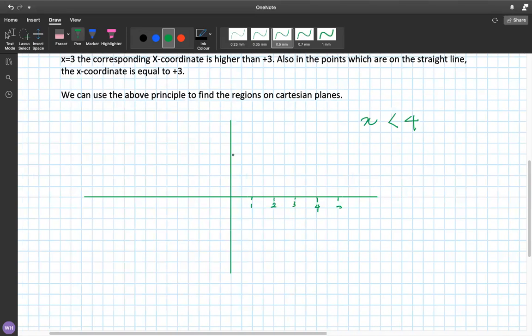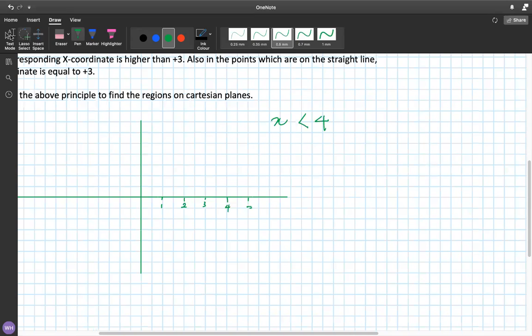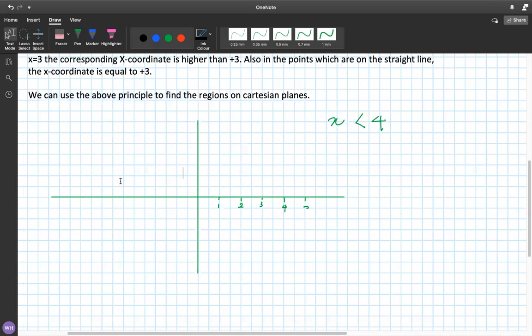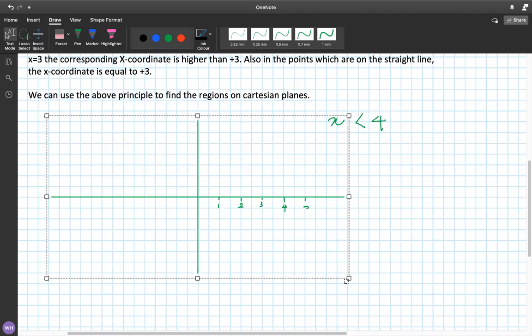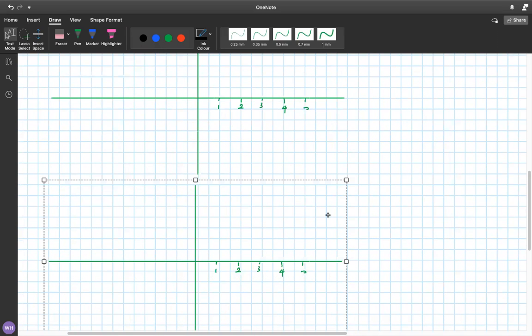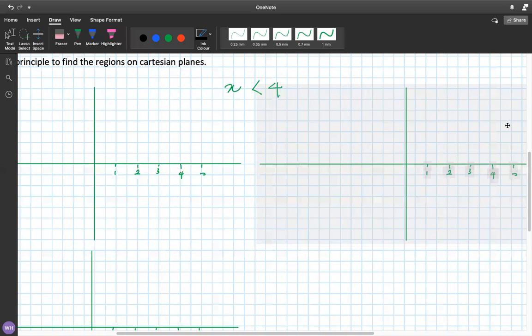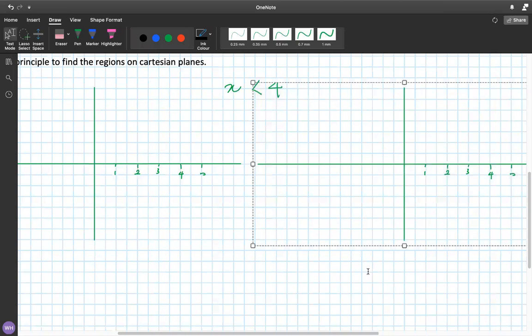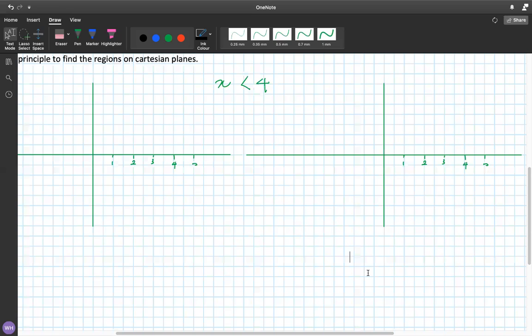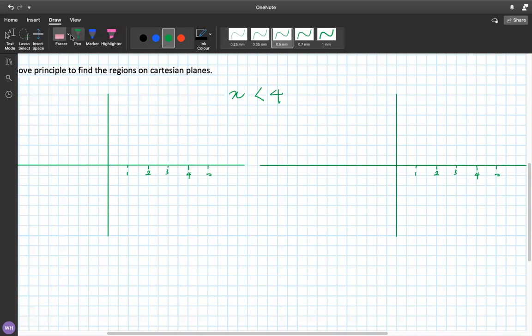Okay, and similarly, you can see 2 of this. 5, here it is 5.